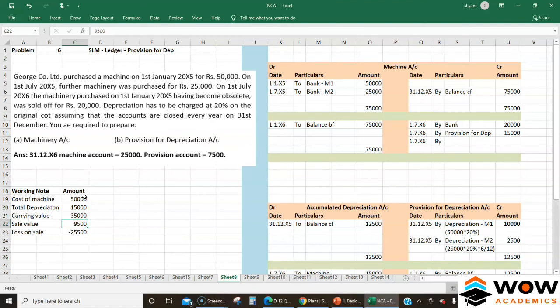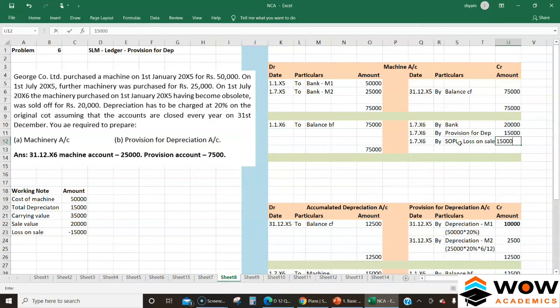This machine was sold for 20,000. So there would be a loss on sale of asset of 15,000. Here it is going to be SOPL, which is a loss. Loss on sale, so you have to put 15,000.